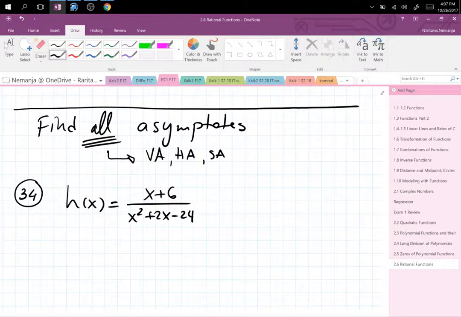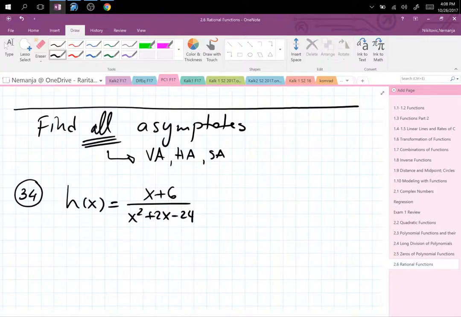Can anyone tell me a vertical asymptote situation? 4, negative 6. Aha! It reduces.